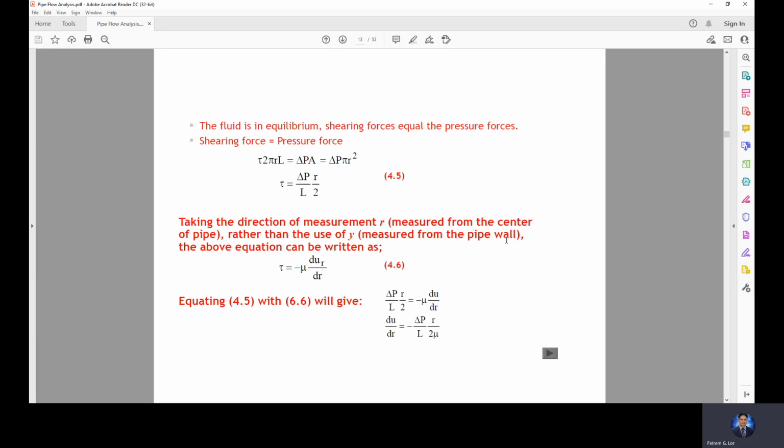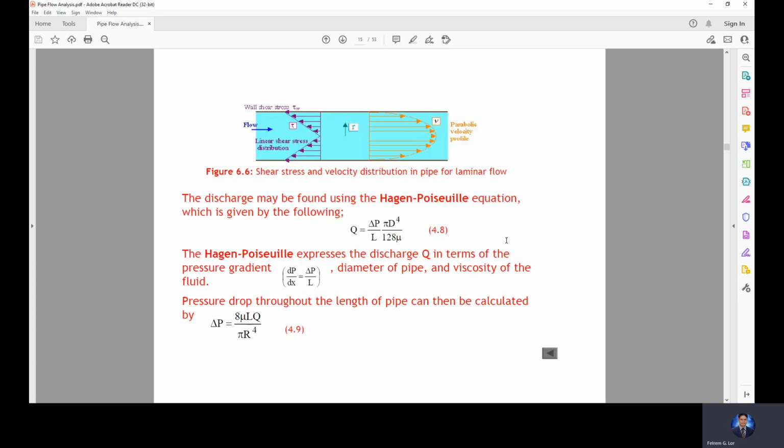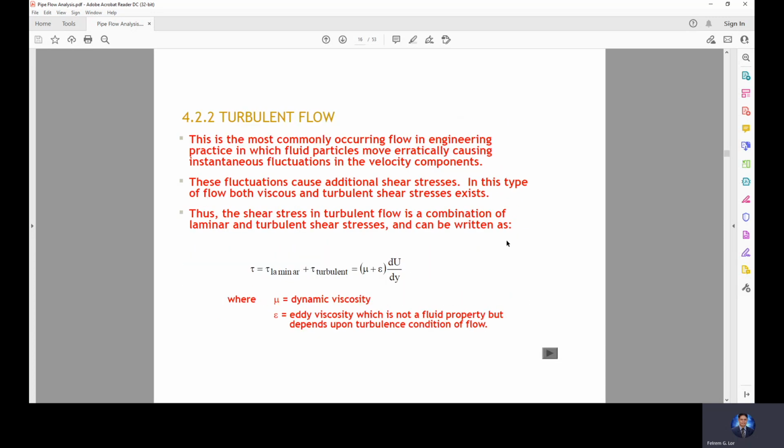So that is about laminar flow. Now if we discuss turbulent flow, as I've said, laminar flow has a different governing factor because the flow is turbulent. The difference for turbulent flow is eddy viscosity.